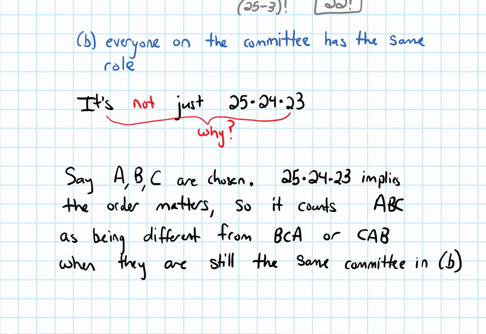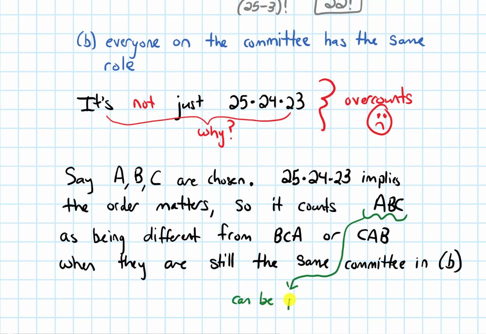So simply put, the issue with this initial count is that it overcounts. This is bigger than the actual value we should be getting. So I'm going to put a sad face here. So we're not totally happy with that. But as we saw in the last section, we have a method for dealing with this overcounting. So if I look at this selection of three people, like let's say I had A and then B and then C picked, we can think about how many ways there are to permute these three objects.